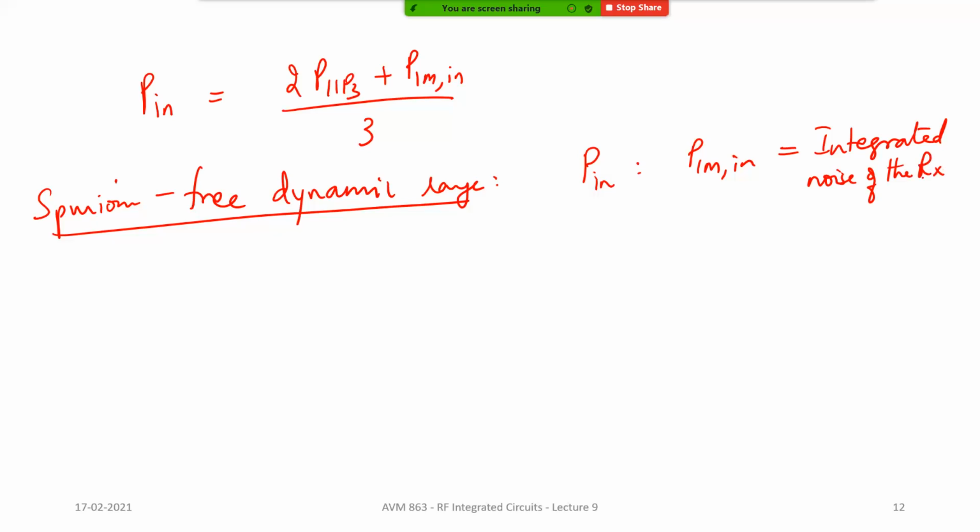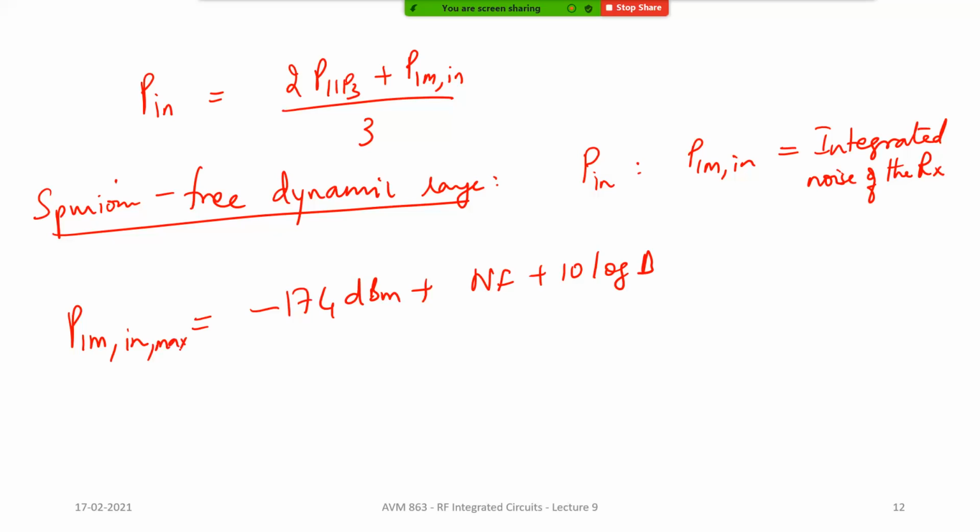You have the integrated noise of the receiver, and you don't want your tones to come above that. The total integrated noise of the receiver is nothing but minus 174 dBm plus noise figure plus 10 log bandwidth. You want this to be equal to PIM in, the input referred intermodulation component, and that is your PIM in max.